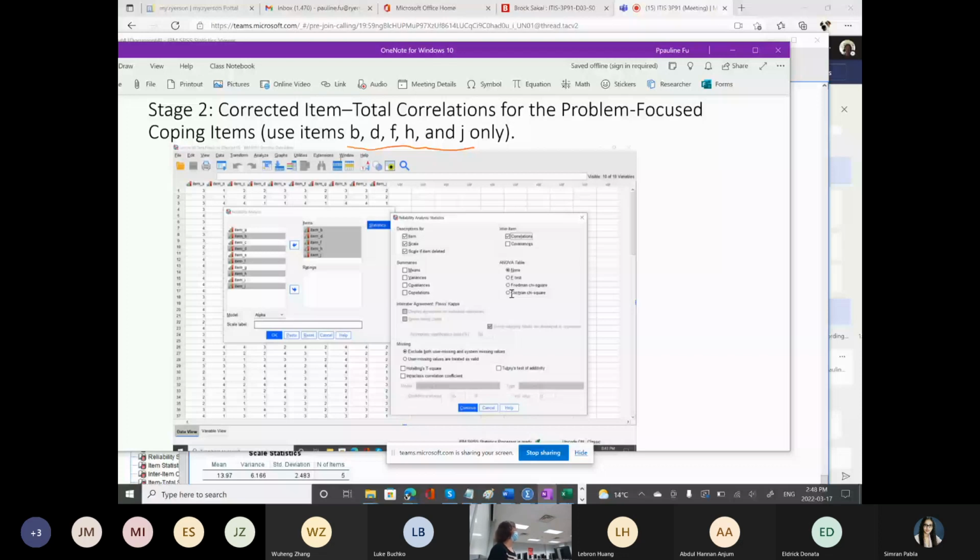And after stage 3, stage 4, we are going to reject problem-focused, emotion-focused. And we are going to propose 2 new constructs. One is self-focused, the other is others-focused. Okay, that is after break.